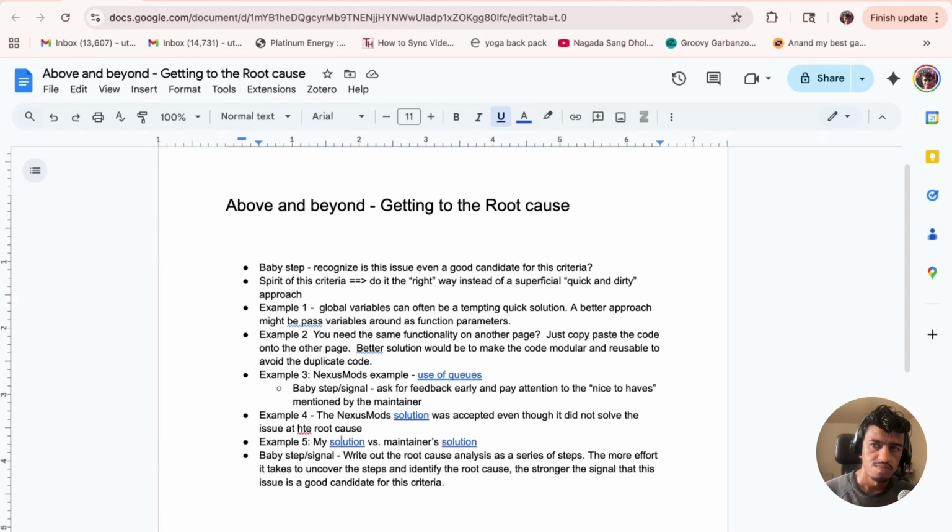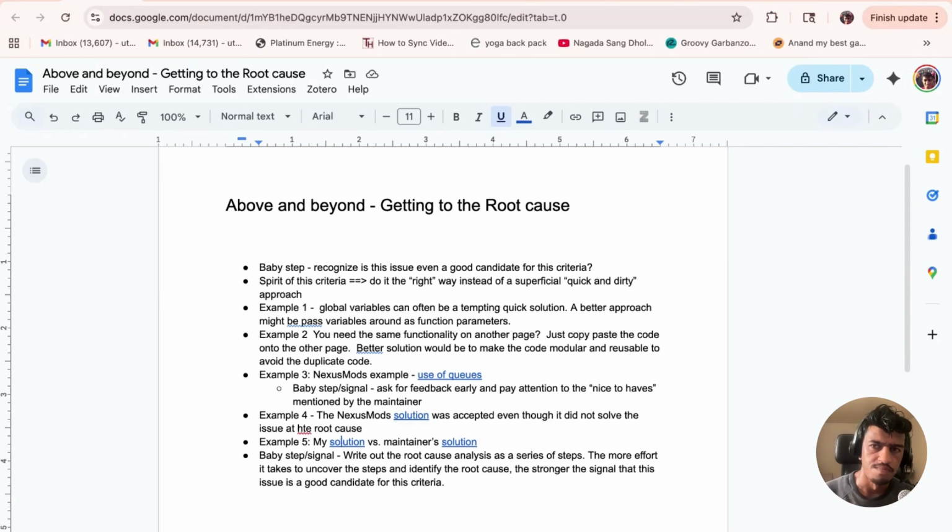So I've given you some signals to notice. I'll also give you one final baby step here, which is just do the root cause analysis. At the very least, you can start out by writing out the steps that the code is doing as a series of steps, and see if you can get to the root cause.